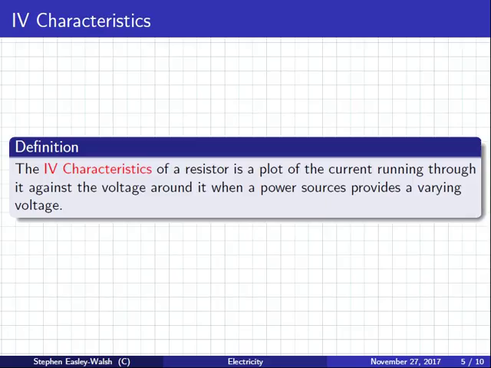And it's also important for your experiments, because one of the experiments you will do next semester is making this graph for a resistor. So it's a very, very important graph. If you could write the definition down, you don't have to write exactly this, but you should at least write IV characteristic is a graph of whatever you want to call it. But IV characteristic is an important word here. So you should write something down, please.